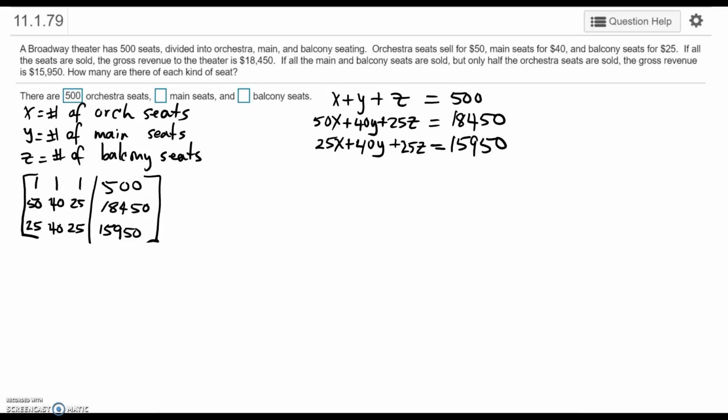Remember, we want 1 on the diagonal and zeros below the diagonal. So we have a 1 up in the top left corner, so we're good there. We now need to get zeros below that first 1. To get a 0 in the second row, where that 50 is, I'm going to multiply negative 50 times row 1 and add it to row 2.